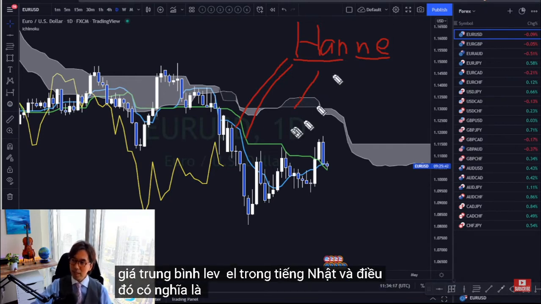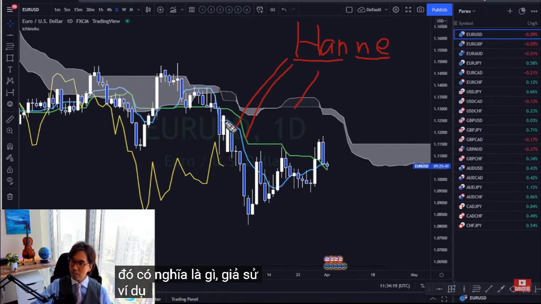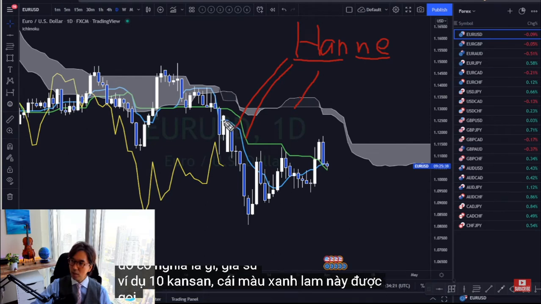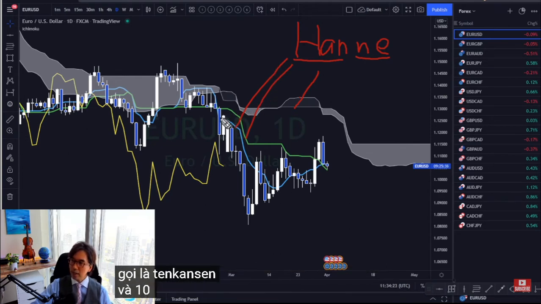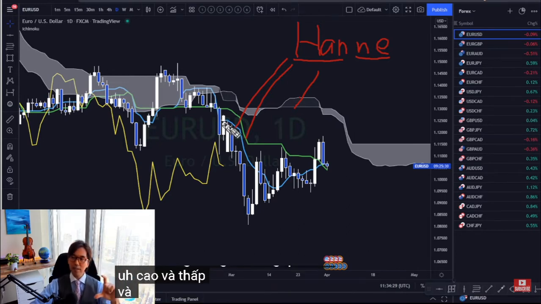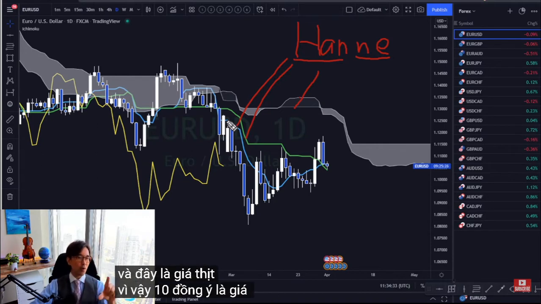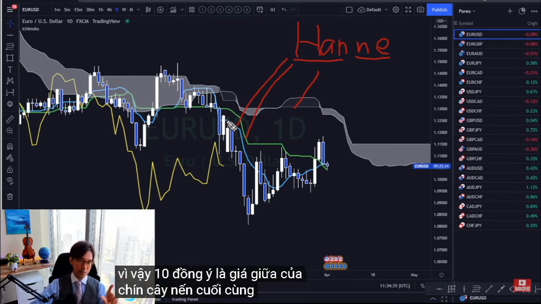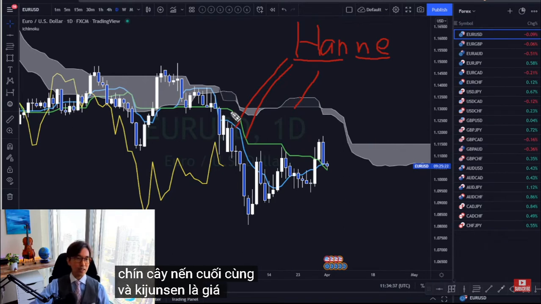Let's say, for example, Tenkan-sen. This blue one is called the Tenkan-sen. Tenkan-sen takes the 9 periods in the past, high and low, and this is the mid price. So Tenkan-sen is the mid price of the last 9 candles. And Kijun-sen is the mid price of the last 26 candles.